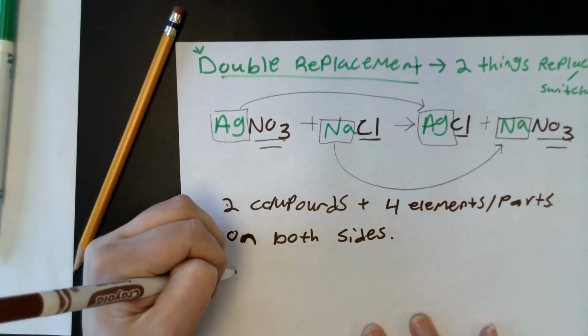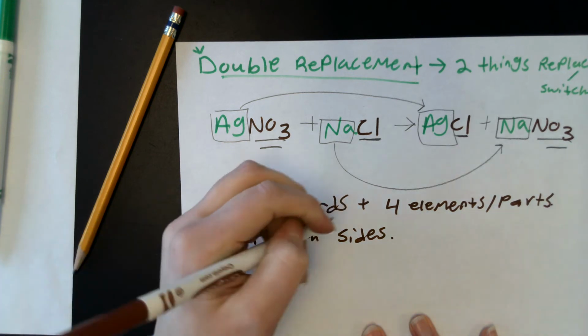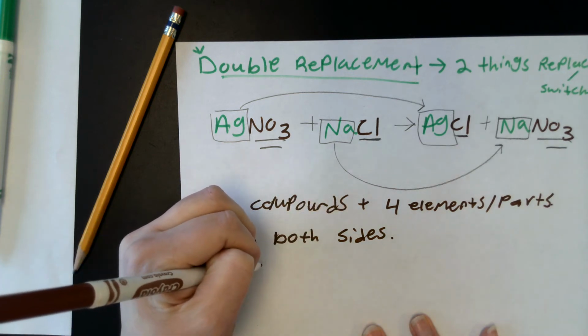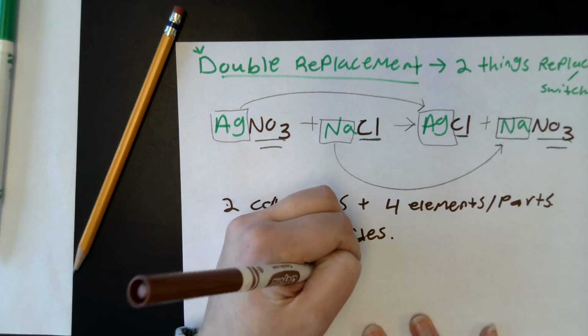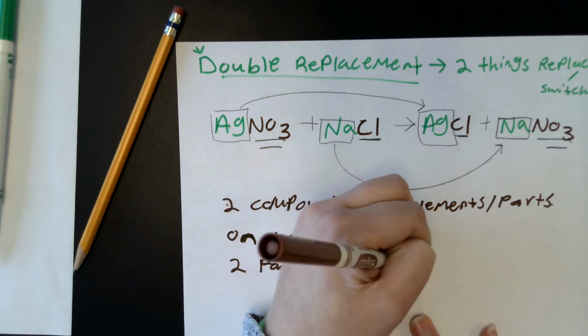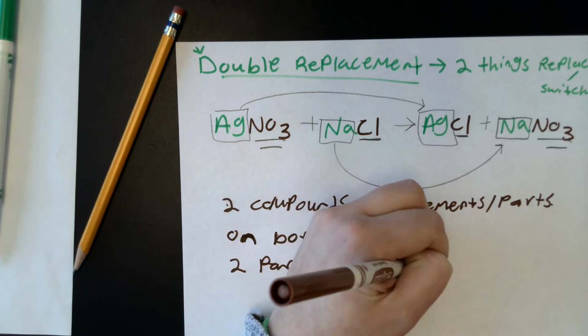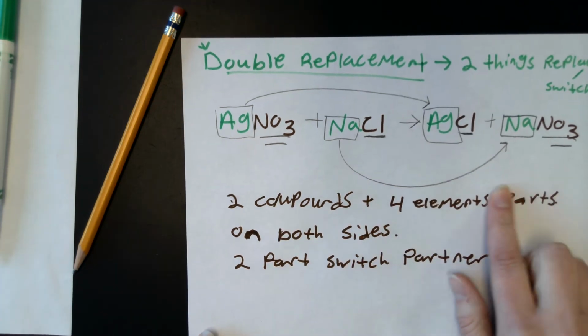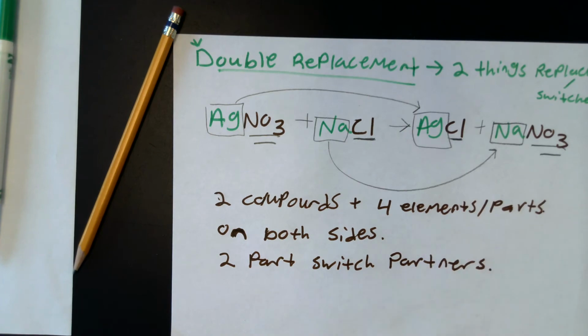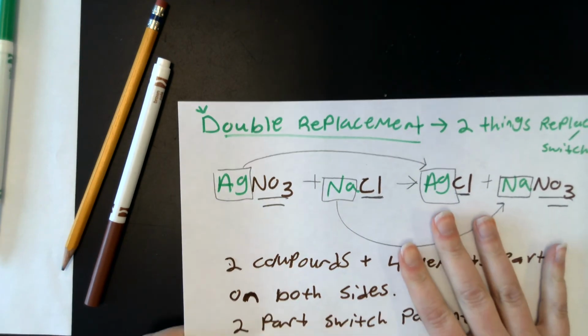And then 2 parts switch partners. Okay, that's all a double replacement is. Okay, so that's that one.